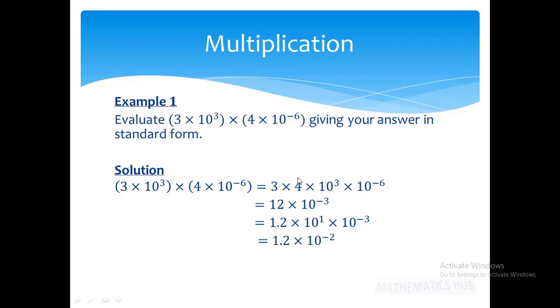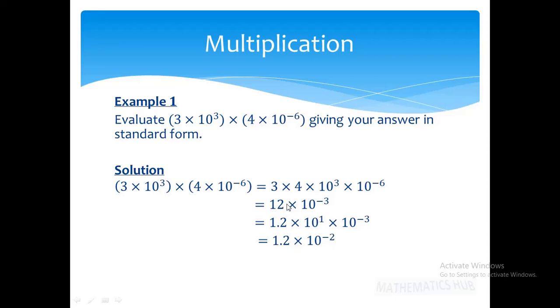What I did here, I multiplied 3 times 4 times 10 to the power 3 times 10 to the power minus 6. 3 times 4 gives 12. We are going to add these powers. When we add 3 plus minus 6, we get minus 3. So now we have 12 times 10 to the power minus 3.